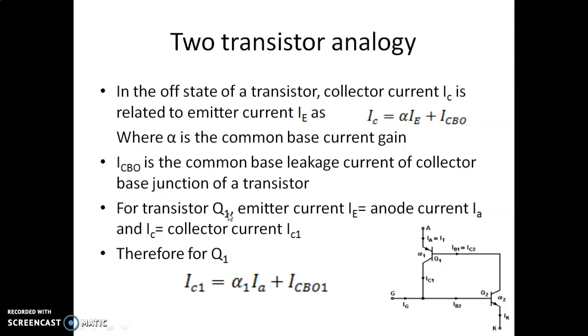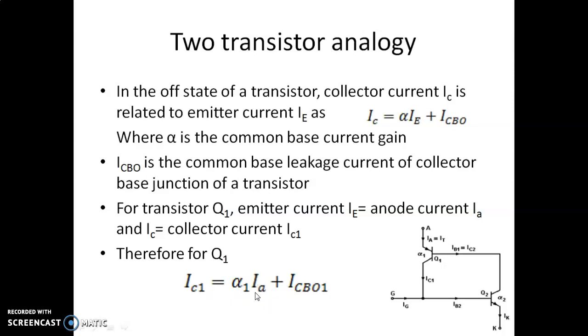For transistor Q1, the emitter current IE is equal to the anode current IA, and IC is the collector current IC1. Therefore, for Q1, you can write the equation as IC1 equal to alpha 1 into IA plus ICBO1.